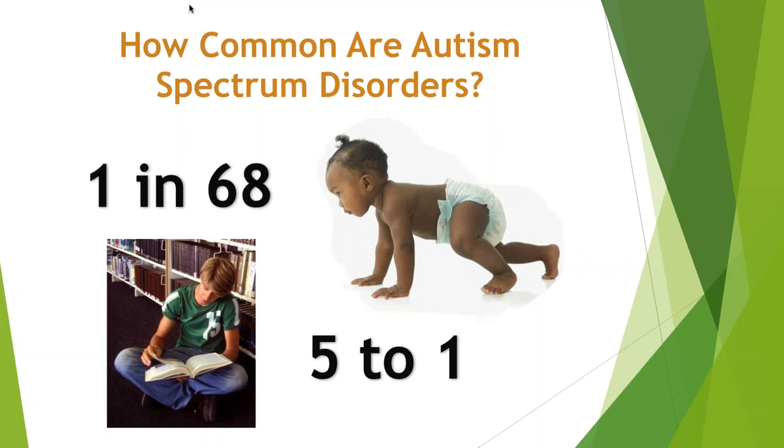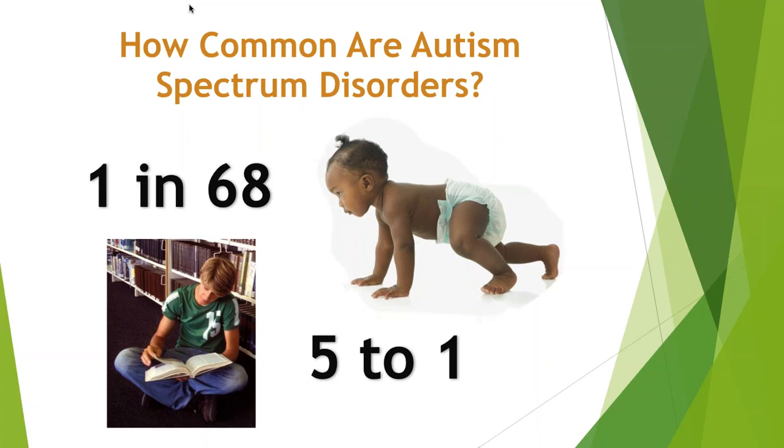This increase is likely due to several factors. We're better at diagnosing autism in younger and younger children, and looking at the characteristics of older adults and saying, even if they weren't identified as a toddler or as a young child, they have those characteristics and fit the description of autism spectrum disorders.